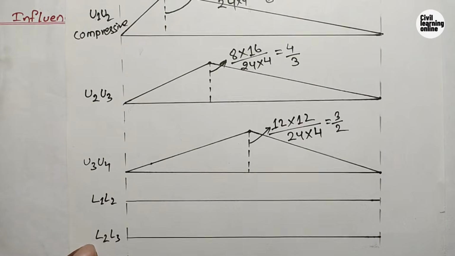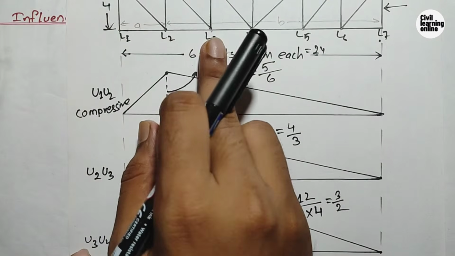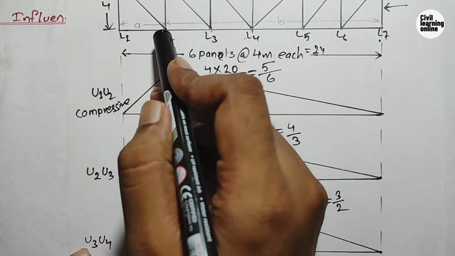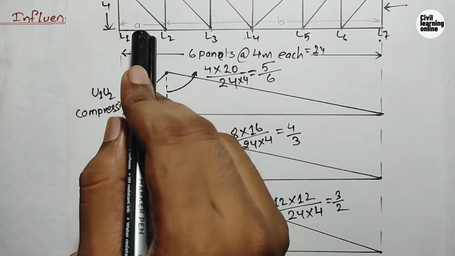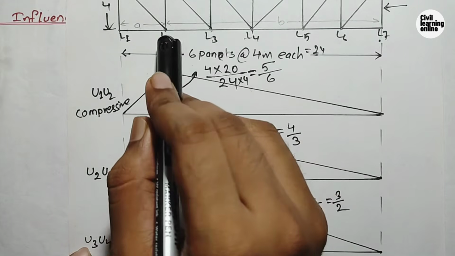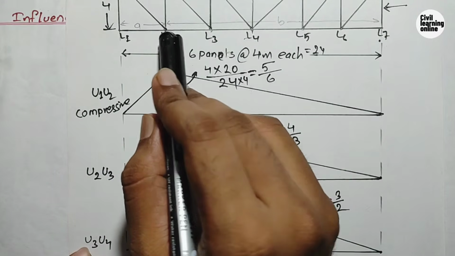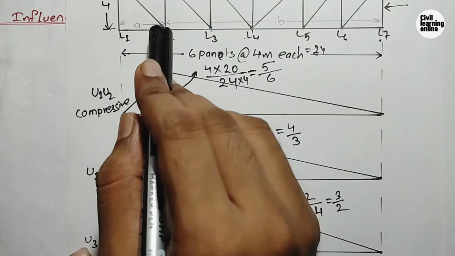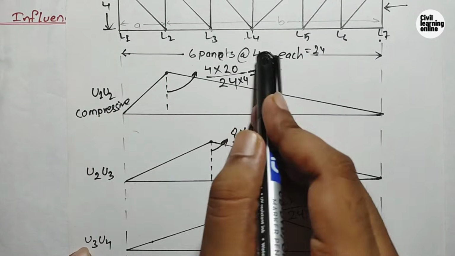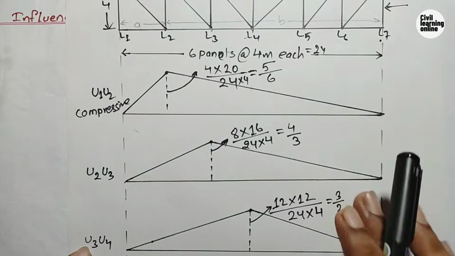Similarly, moving toward the influence line diagram for L2 L3. Again, see here, our span is starting from this node L2. So in this case our A will be L1 L2 and B will be from this L2 and this whole portion, right side of this node L2. And again here A is our 4 meter and B is going to be 20 meter.